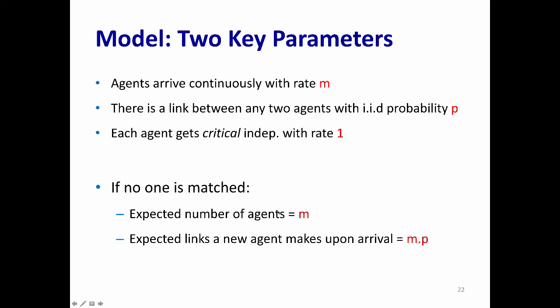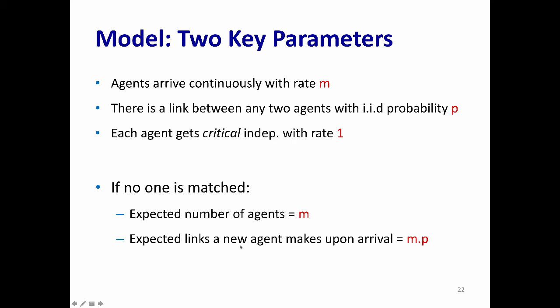Why? Because the arrival rate of agents to the market is M, and each agent perishes with rate 1. So in order for the conservation of flow to hold, in order for the arrival rate to be equal to the departure rate, I need to have M agents in the market, so that when each one of them is leaving the market with rate 1, the total departure rate of the system is M. As a result, I need to have M agents in the market in expectation.